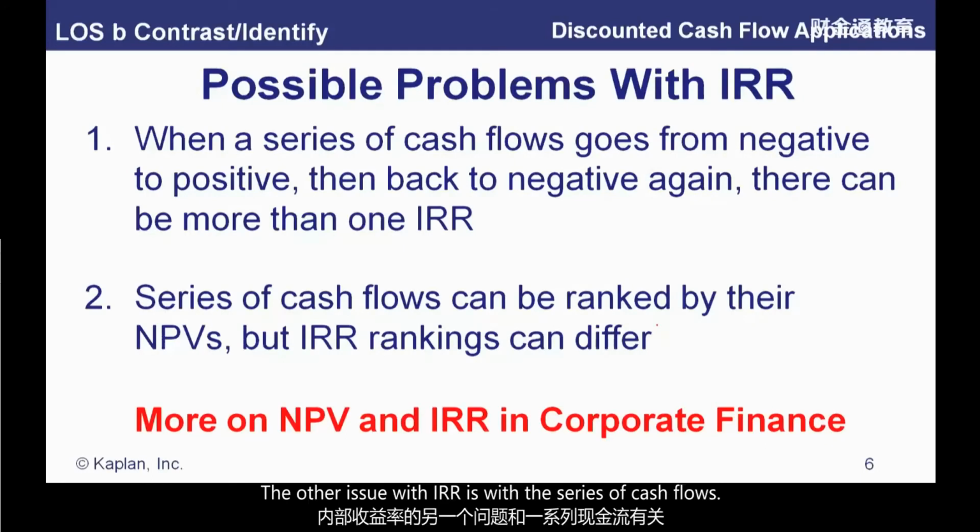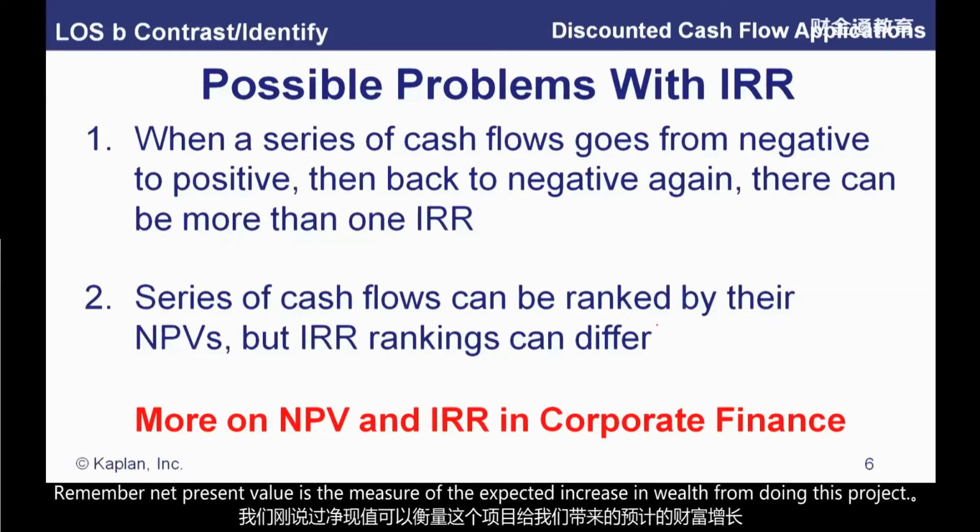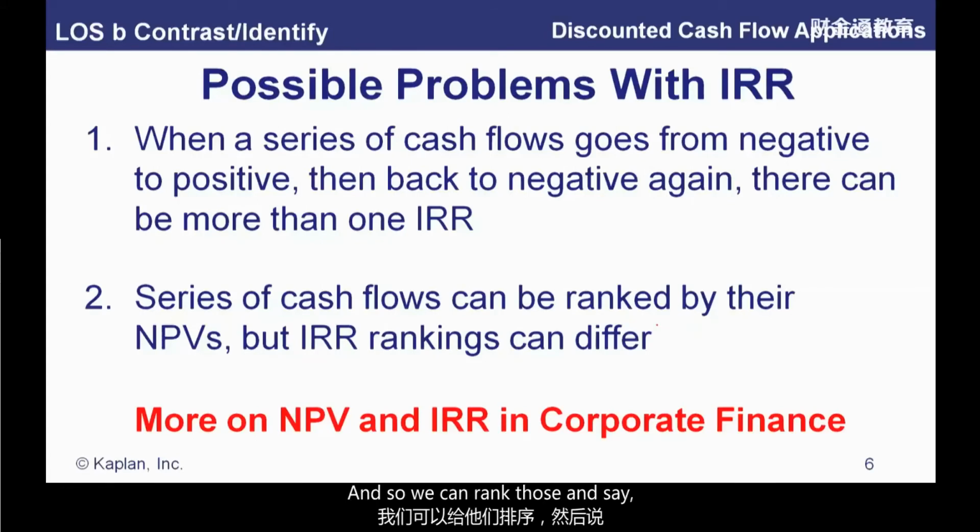The other issue with IRR is with a series of cash flows, we could rank them by their net present value. Remember, net present value was a measure of the expected increase in wealth from doing this project. And so we can rank those and say, well, if I have to choose among 3 projects, I'm going to choose among those with positive net present values, choose the one with the greater net present value.